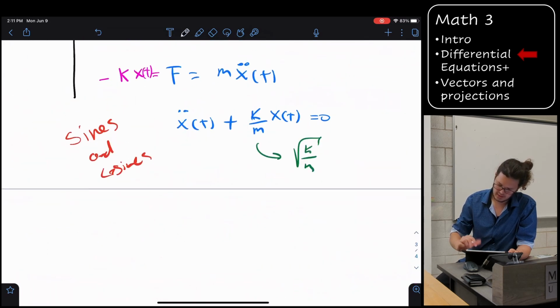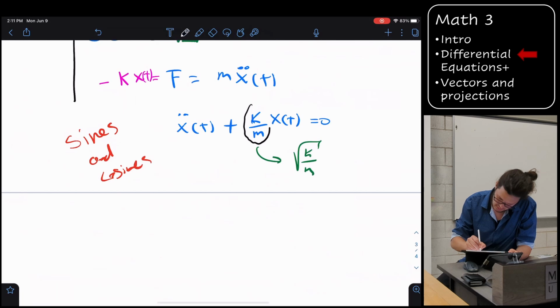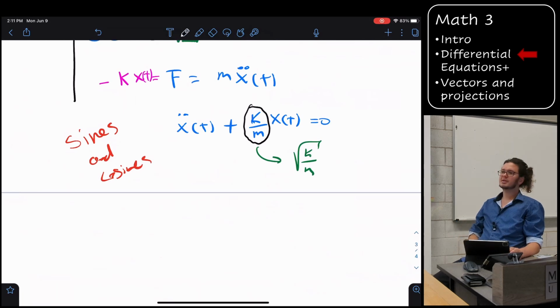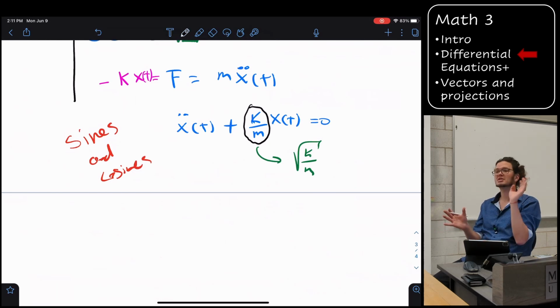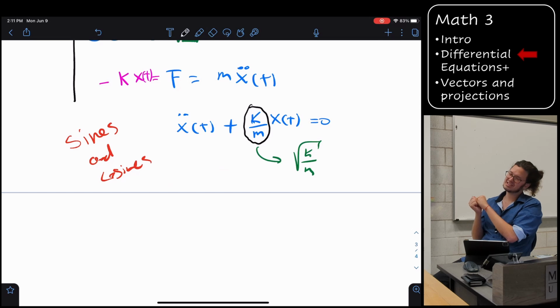In the spring, it is this ratio that controls how fast the mass is oscillating. And it's interesting, if you look at the other one, it doesn't involve the mass. In principle, you can hang something that weighs a lot or weighs a little bit, and it will not change the oscillations. That's because the inertia and the force both are proportional to the mass. In this case, the force is not proportional to the mass, the inertia is. That's why the mass appears.